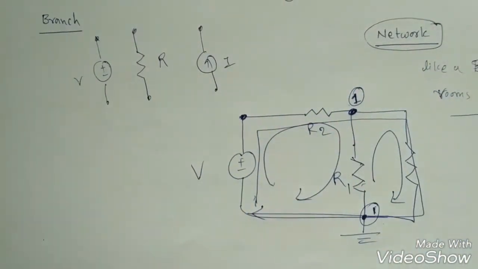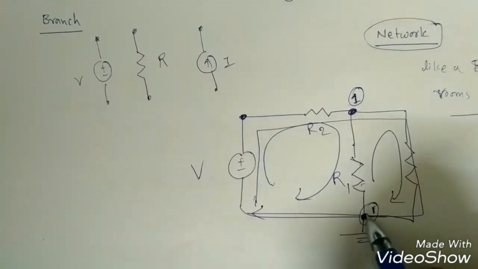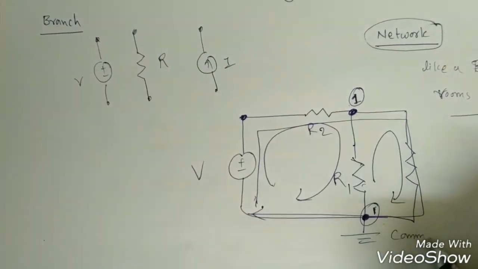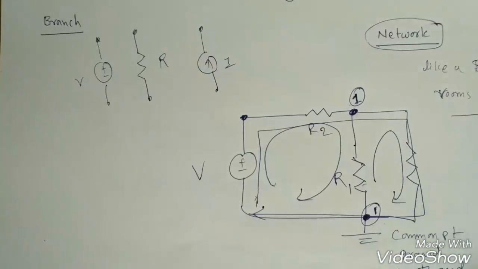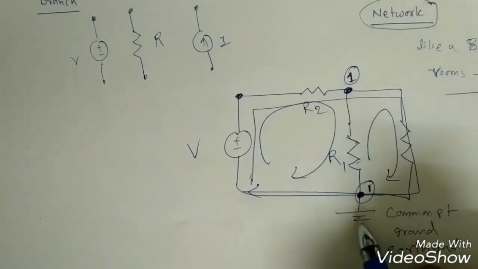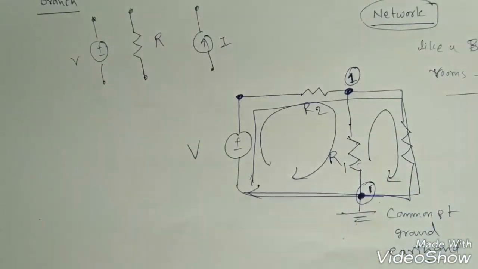That we will see when we talk about KVL. But we have to consider a reference node. Generally we can say common point or ground, right? So these are some notations. Always in network theory we will see one reference node, that is the common point, ground. So generally we say ground, right?